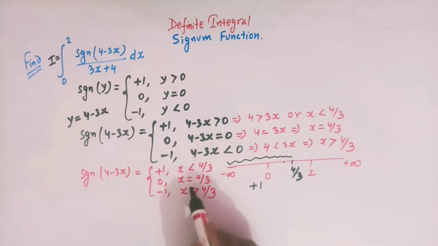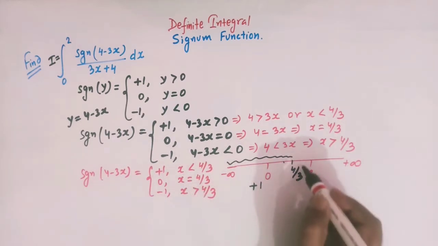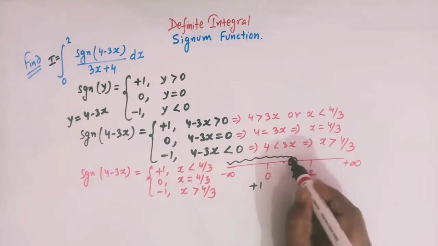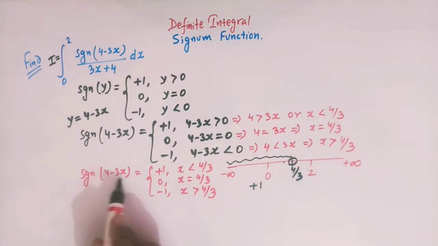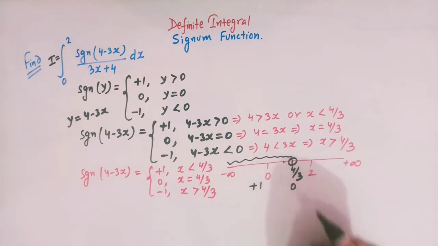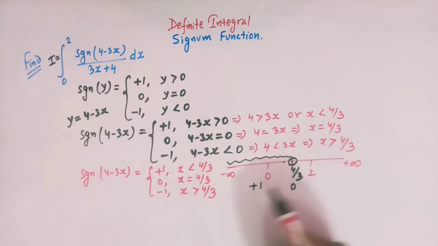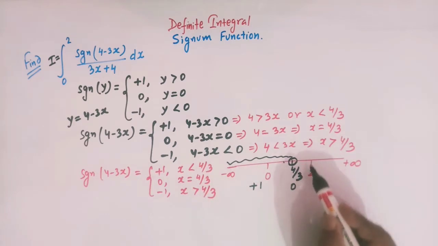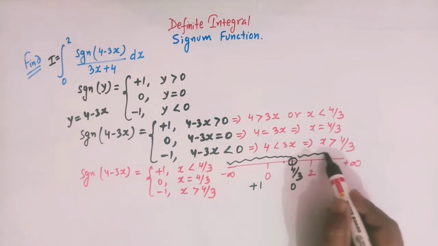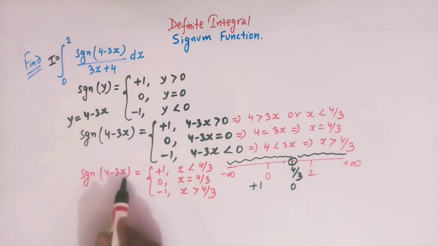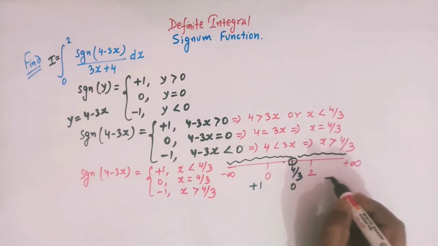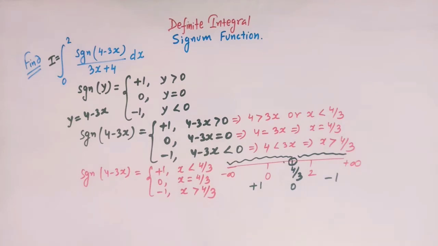When x is equal to 4 over 3, that is this point, Signum of 4 minus 3x will take the value 0. And when x is greater than 4 by 3, that is this part, Signum of 4 minus 3x will take the negative 1 value.